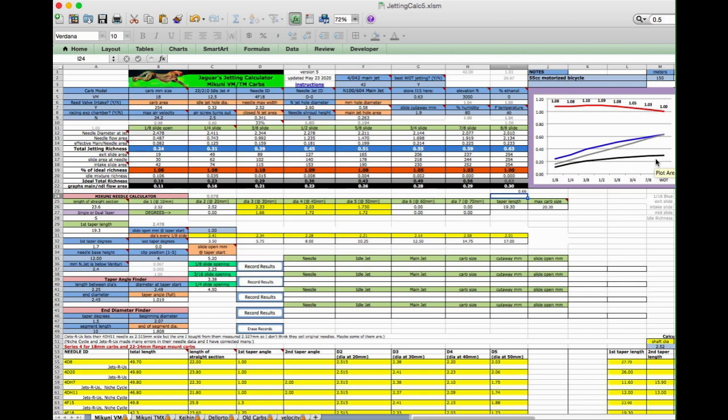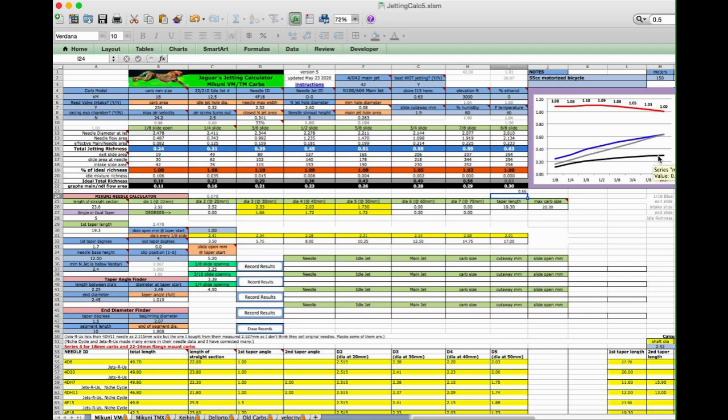What you heard was a very gross oversimplification about the needle jet controlling the mid-range completely and the main jet controlling the wide open throttle and 7/8 inch throttle and 3/4 inch throttle.